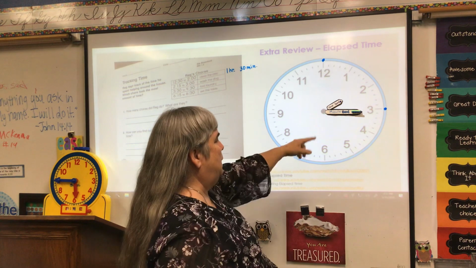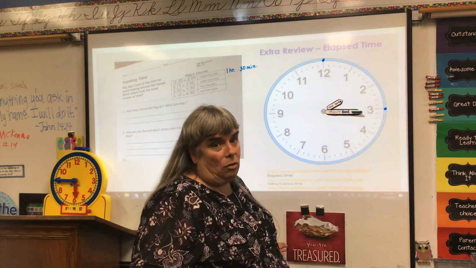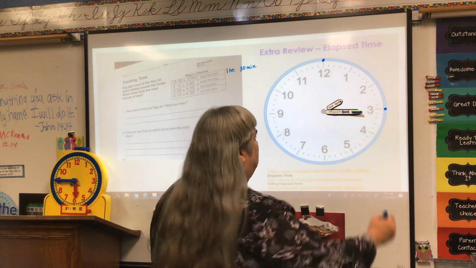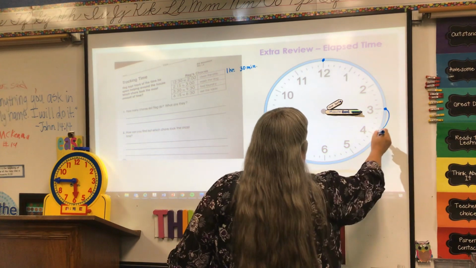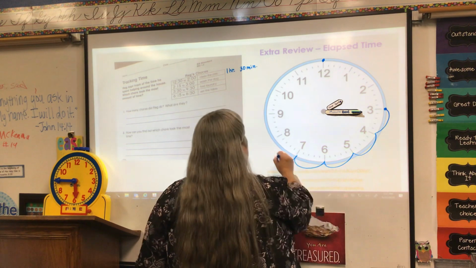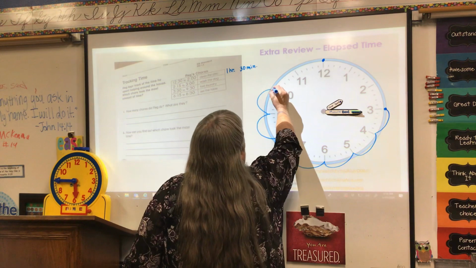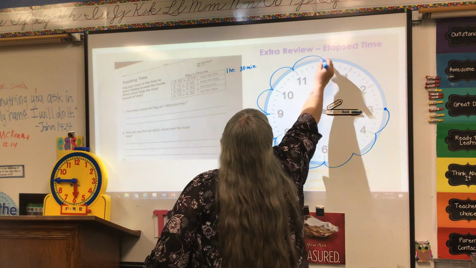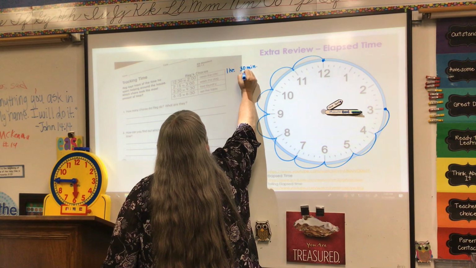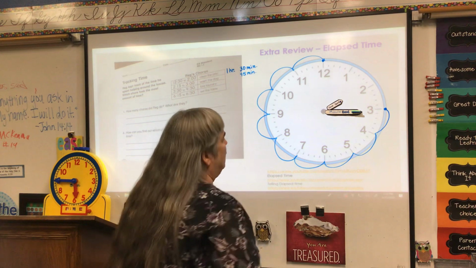It's going to be 3 o'clock, but the minute hand is going to be on the 12. So now I'm going to count, skip count by 5, and see how many minutes it is. 5, 10, 15, 20, 25, 30, 35, 40, 45. So it looks like washing the dog, he has planned for that to take 45 minutes, right?